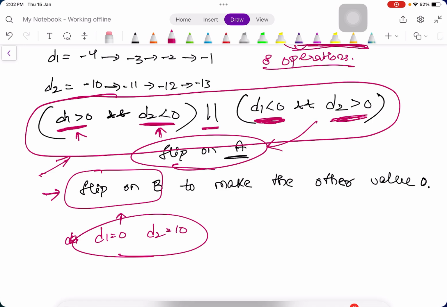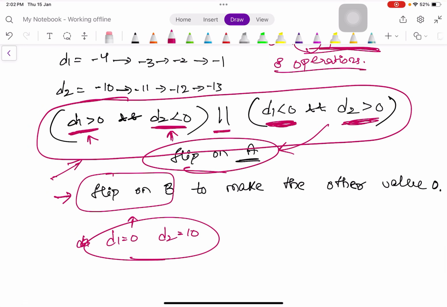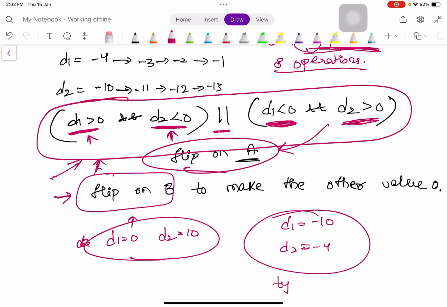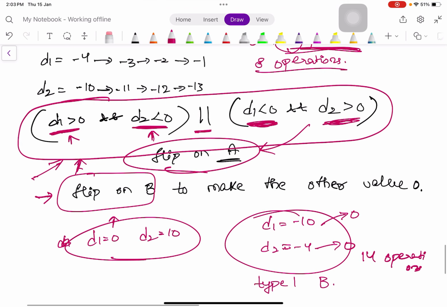If D1 is minus 10 and D2 is minus 4, here both are negative. Still, they do not follow this condition over here. Hence, we only perform type 1 operation on string B. Okay, so that D1 becomes 0 first and then D2 becomes 0. In total 14 operations, they will become 0. Okay, this is how we solve the problem.